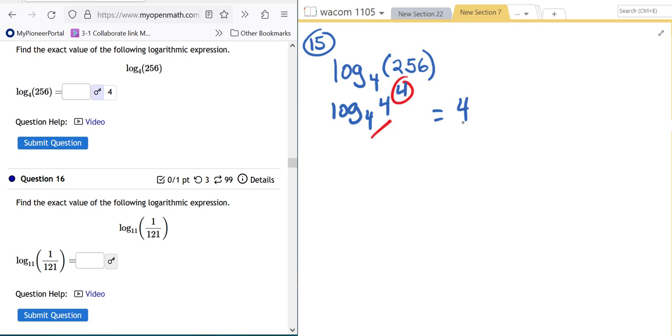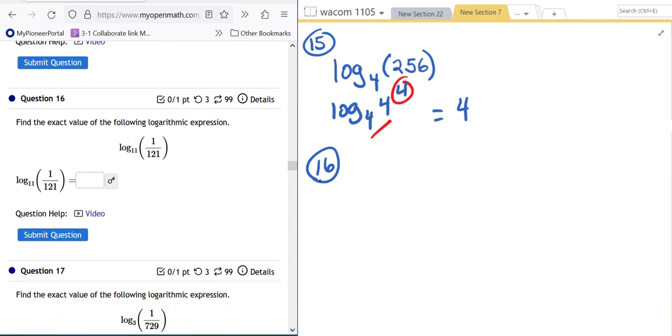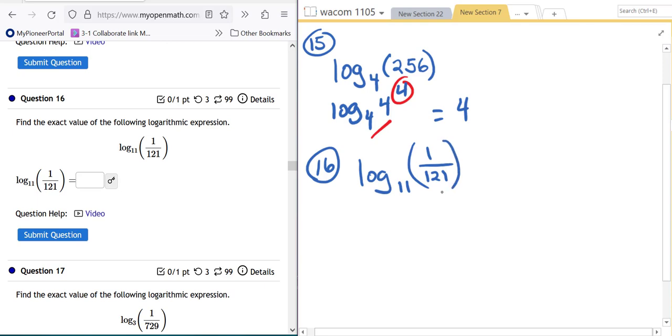Let's do this one, just to remind you how to get it to the denominator. We have the log base 11 of 1 over 121. We want to write 1 over 121 as 11 to a power.